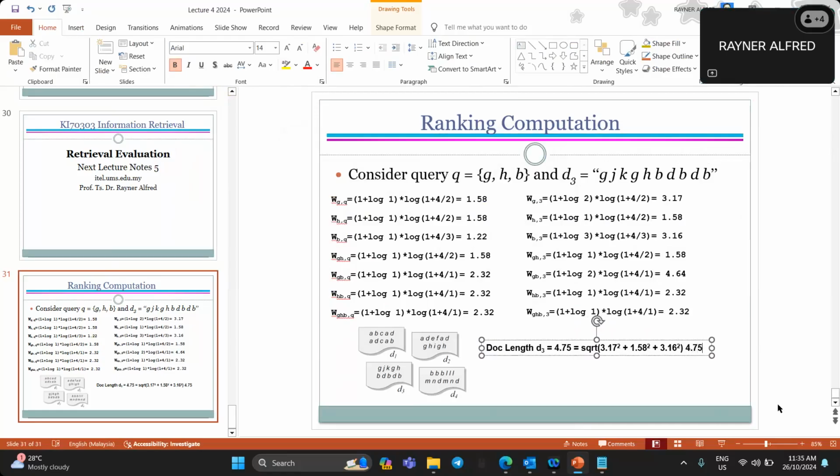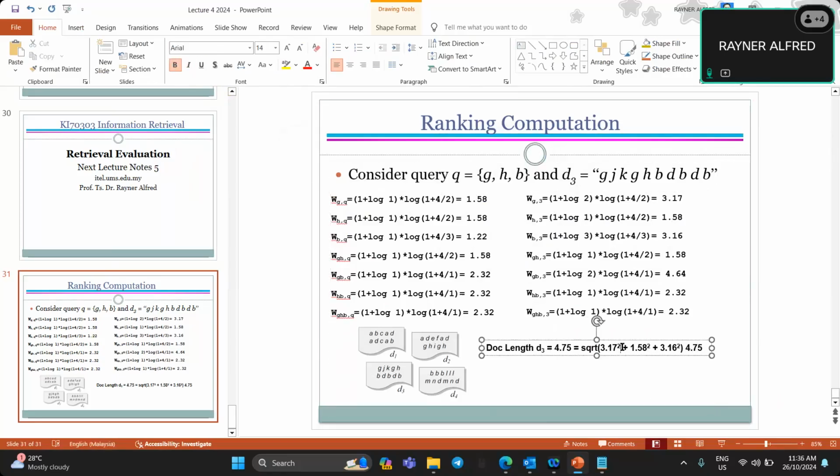So for us to compute the weightage, the distance between these two, basically we multiply this with this, and this with that, and so on, and divide by 4.75.